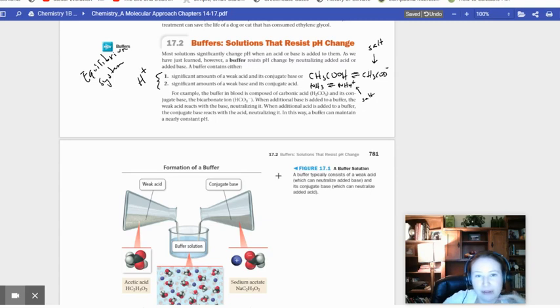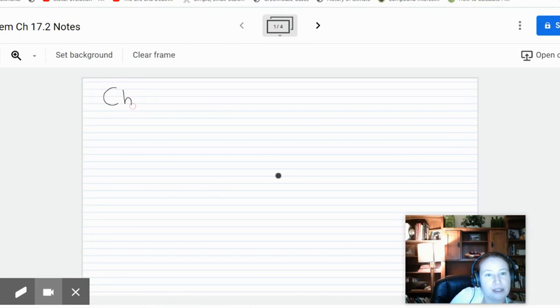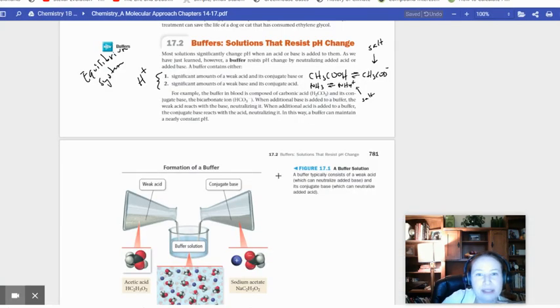Okay, so let's write down a few things in our Jamboard. So this is going to be chapter 17.2, a buffer. The very broad definition of a buffer is, let's see what your book says. It resists pH change by neutralizing added acid or added base.